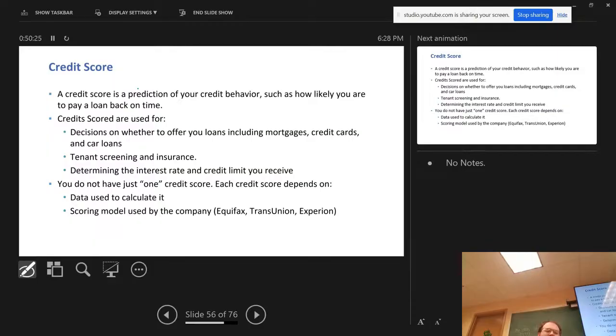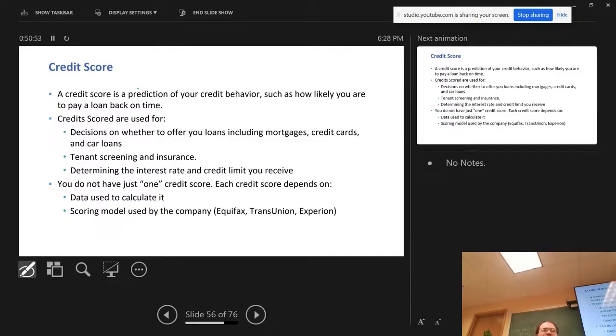Okay, credit scores are basically a measure of how well you're doing borrowing money from banks. Now, if you want to borrow money, you're going to need a credit score. Typically, anything above 700, 750 is in pretty good shape.